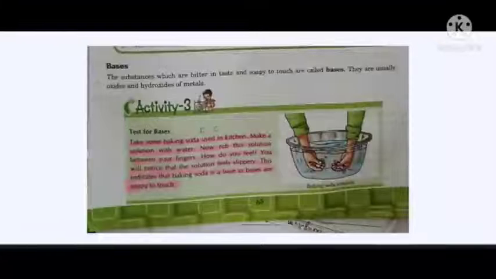Now we are going to start our second point, base.